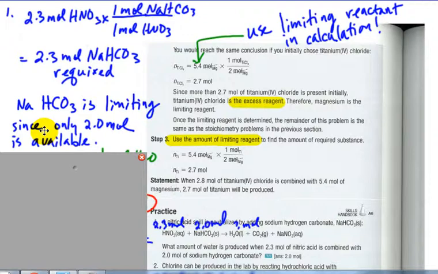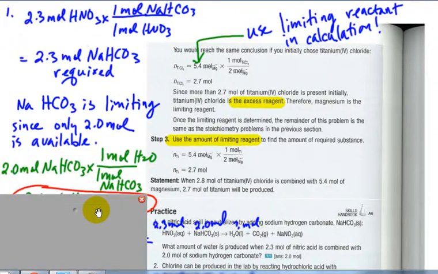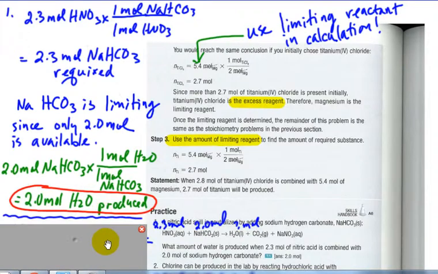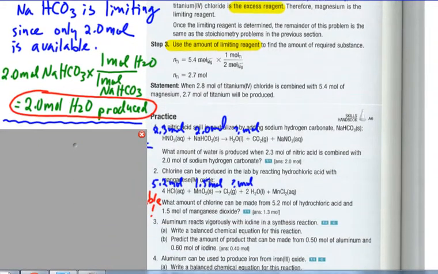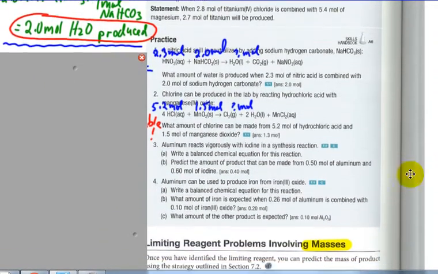So sodium bicarbonate is a limiting reagent since only 2 moles is available. Okay, so to figure out how much water is produced, then I use my limiting reagent, and it's also, look at that, a 1-to-1 ratio. So 1 mole of sodium bicarbonate makes 1 mole of water, so 2.0 moles of H2O is produced. Okay, so relatively easy when it's a 1-to-1 ratio.